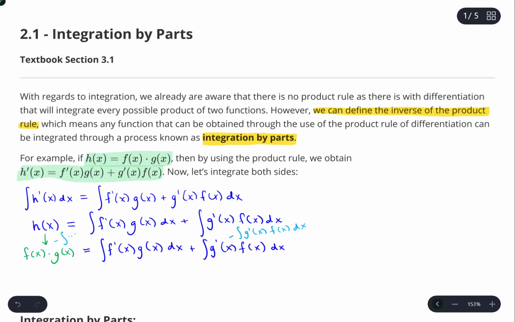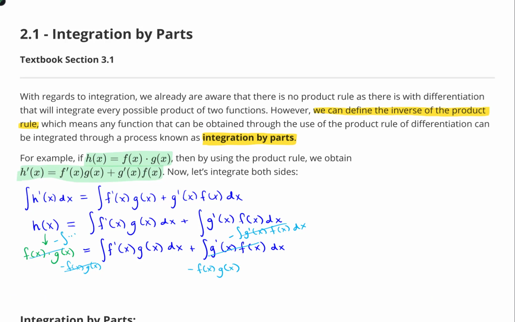I'm just going to do that because it's a lot to write. And if I subtract f of x times g of x from both sides, all right, so what would happen is I'm moving this term to the right-hand side, and I'm moving this term to the left-hand side. This term would be negative on the left-hand side.